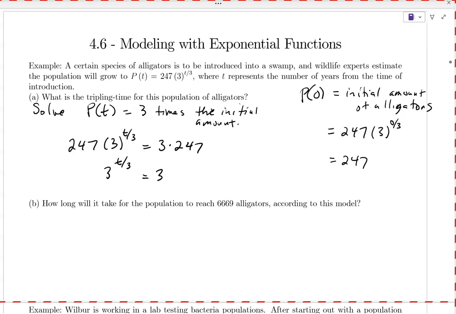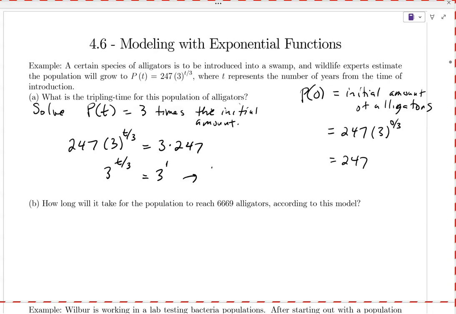What do you do next? Let me help a little bit. Maybe what if I wrote that exponent as a 1? What would you do next? Yeah, so the exponents are equal to each other, right? I have two exponential functions on the sides of the equation. We've got 3 to the t over 3 on one side and 3 to the first on the other side, right?